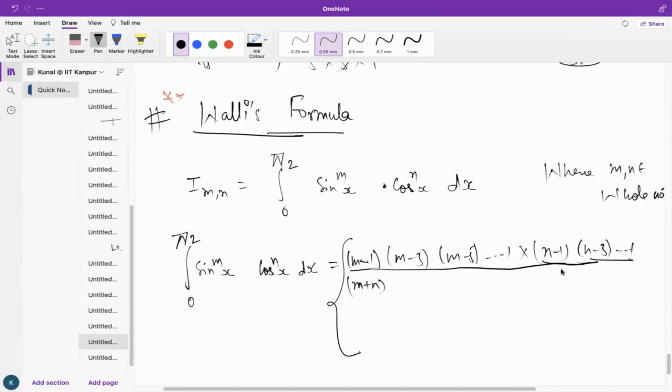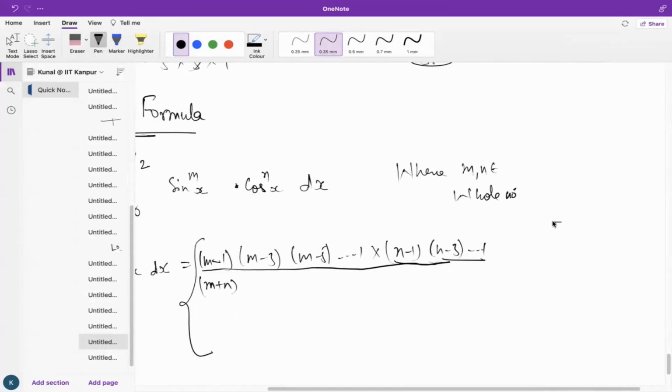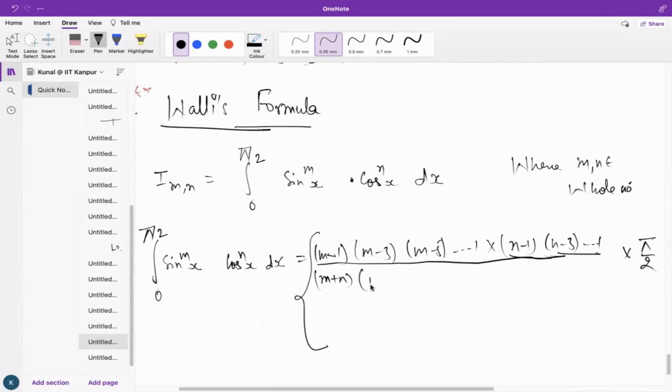And when both m and n integers are even, multiply it here by pi by 2. And again, the same thing we have to repeat here: m plus n minus 2, m plus n minus 4 till we get the value 1.